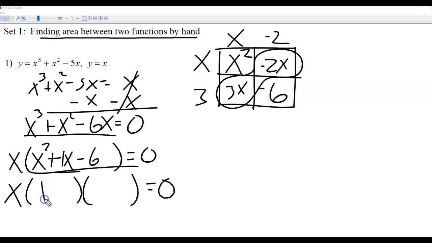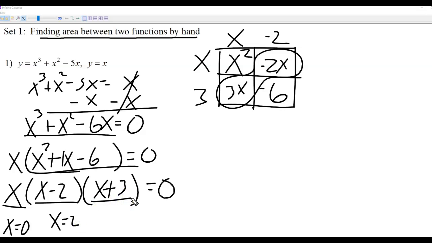So we have x minus 2 and x plus 3. You set this equal to 0 and solve, so you get x equals 0. You set that equal to 0 and solve, you get 2. You set that equal to 0 and solve, and you get negative 3. So those are my 3 intersection points there. That's where these curves are intersecting.